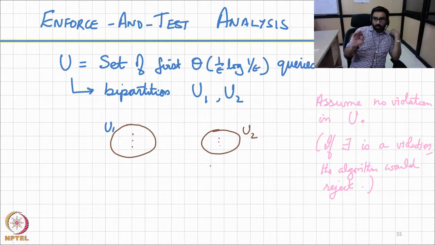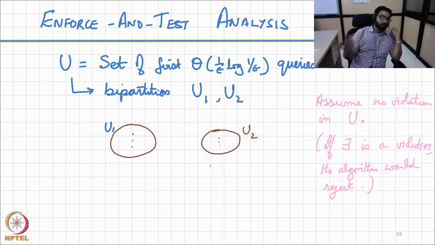So we're going to call the set of first theta of 1 over epsilon log 1 over epsilon queries the set U. This is the part that's going to enforce the structure. Okay, and let's pick a bipartition U1, U2 of the set U. And so the moment we have a U1 and a U2, we're going to assume that U1 and U2 are chosen such that there are no edges between vertices in U1 or between vertices in U2.